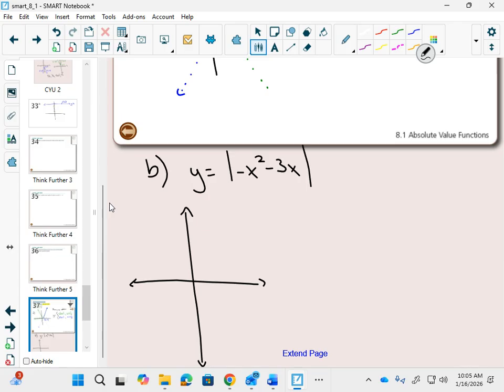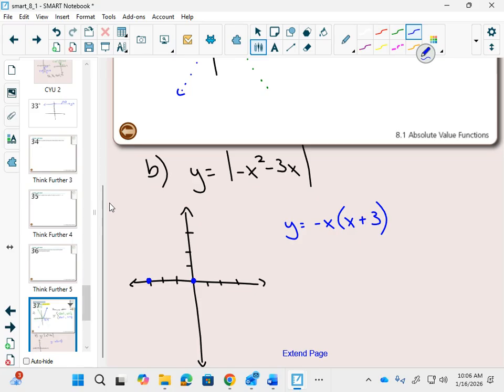I'm going to grab the inside in blue, and factor out a negative x. Can you see that if you write this in factored form, that would be helpful in finding your x-intercepts? There's going to be an x-intercept at 0 and an x-intercept at -3.